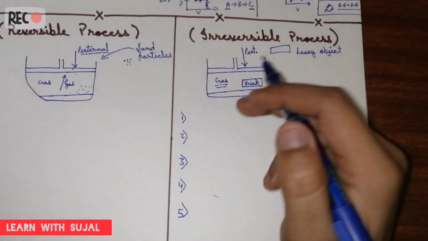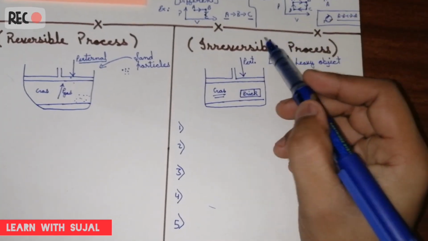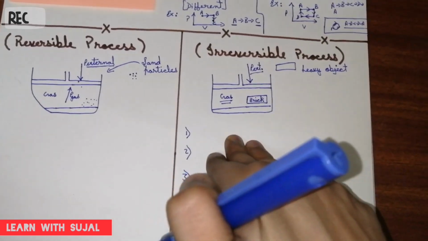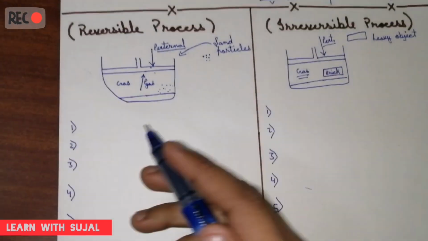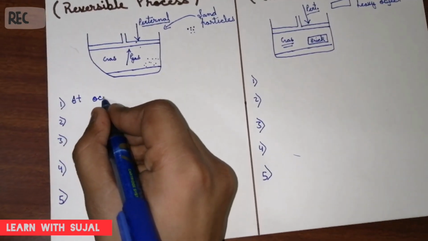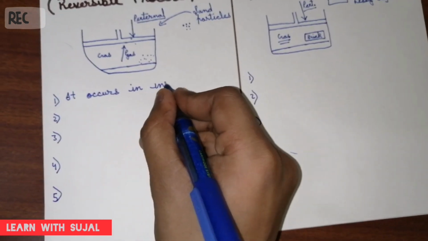In chemistry we discuss the internal gas pressure, and in physics thermodynamics we discuss the external pressure. Basically it occurs in infinite time.